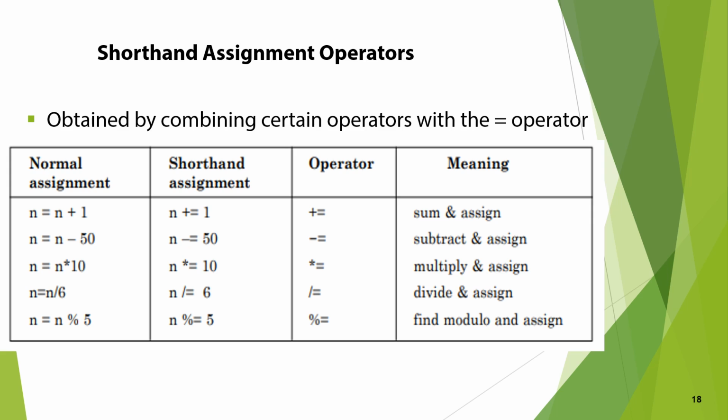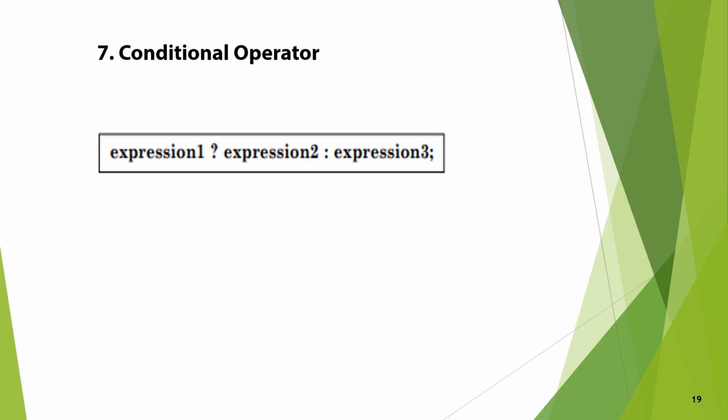We can write this as n slash equal to 6. N is equal to n mod 5. We can write this as n mod equal to 5. So first it will use the operator, and then the value will be assigned to the leftmost n. This can be the explanation of shorthand assignment operators.